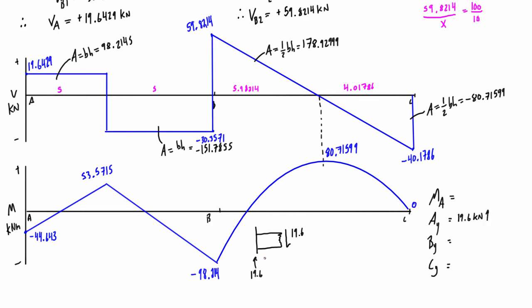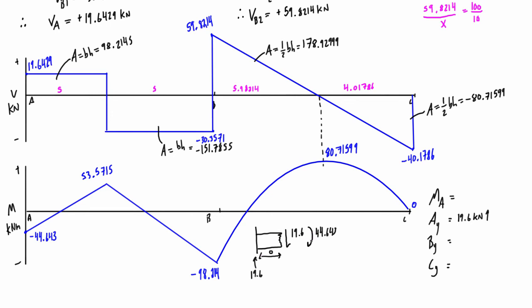Now, if you take this distance here as being as close to 0 as you can get, or 1 over infinity, infinitesimally small, then we also know that we have a negative moment here, so we can draw on the internal moment, so negative, so it would be going like that. This is 44.643. And when this is infinitesimally small, the force couple caused by these two forces here basically goes to zero.